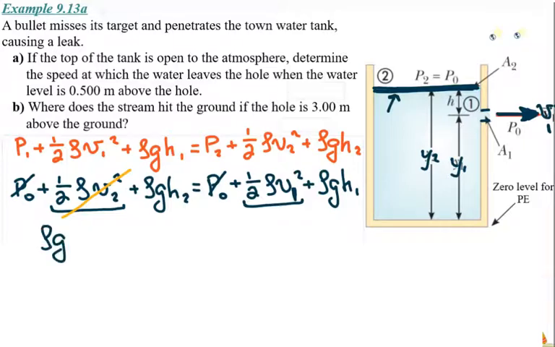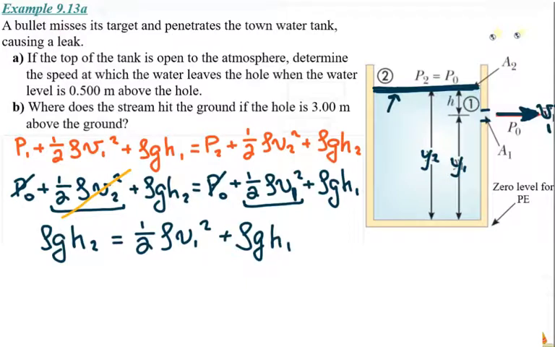So what I'm left with is rho g h2 equal to 1/2 rho v1 squared plus rho g h1. Every single term has a rho in it, so I can cancel rho as well.